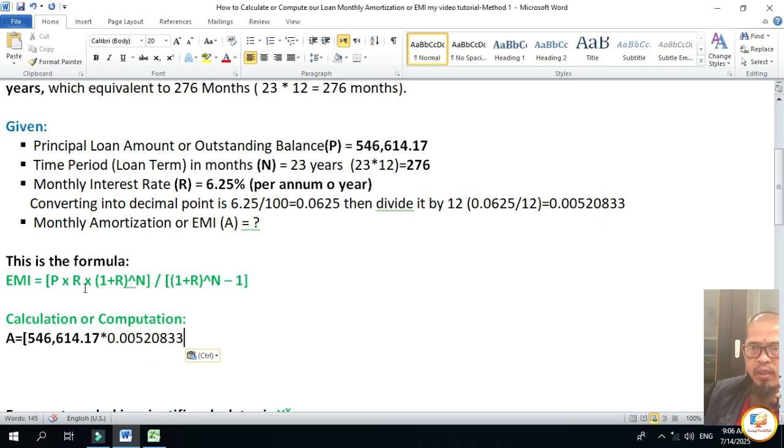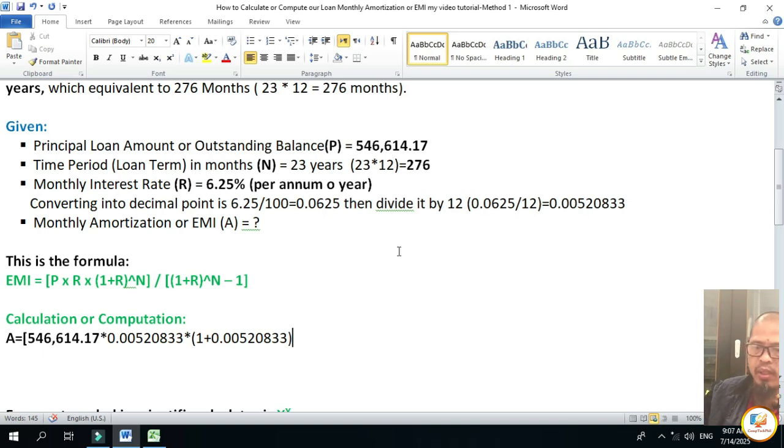Then times open parenthesis 1 plus R, our R again is the same, close parenthesis, to the exponent of n, where n is equivalent to 276.